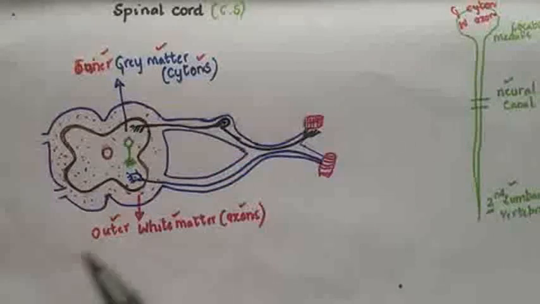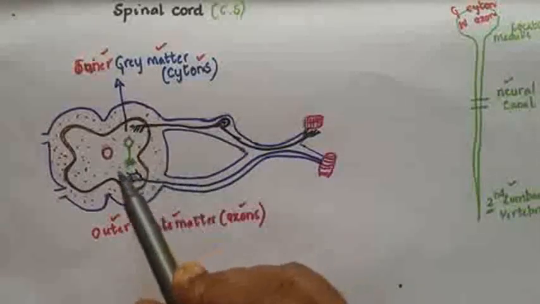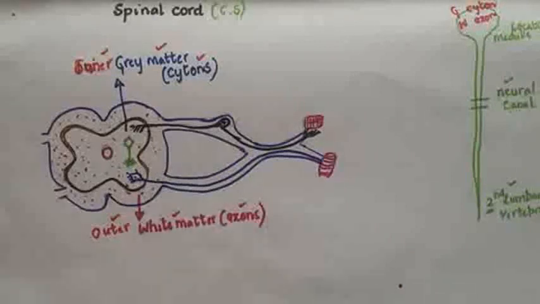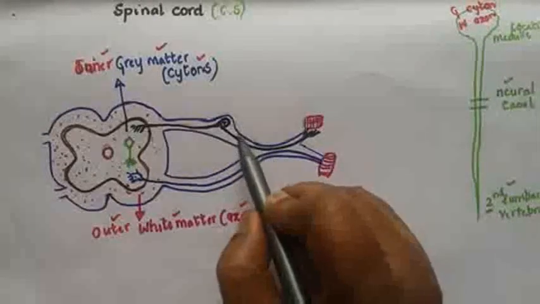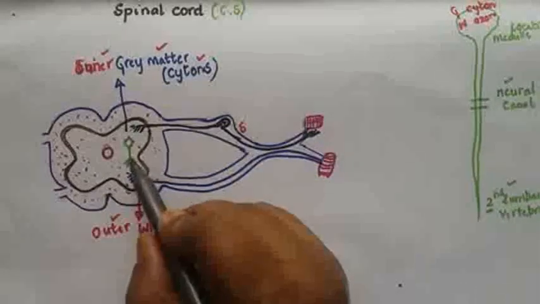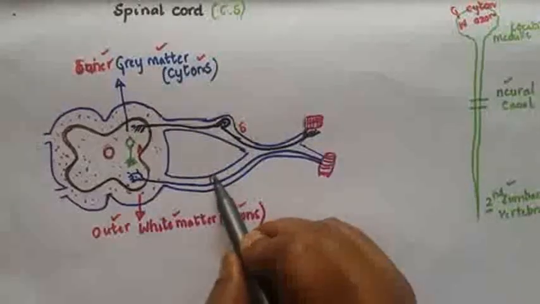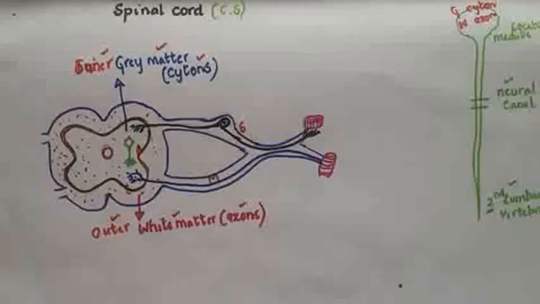Now if you observe, in the earlier videos we have learned that there are 3 neurons. What we observe here is a sensory neuron. The green color one is the association neuron or interconnecting neuron, and the blue color is the motor neuron.